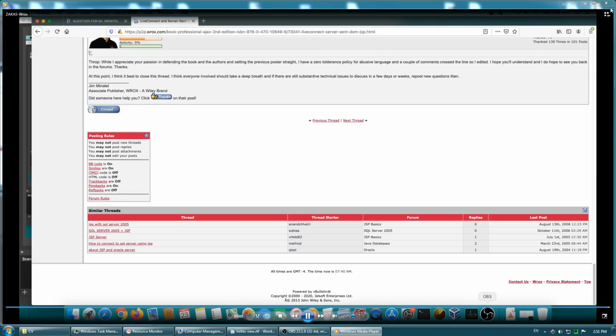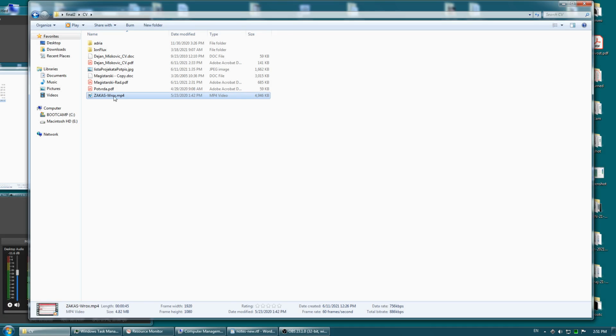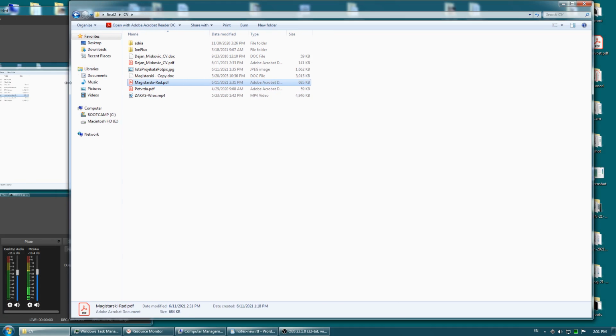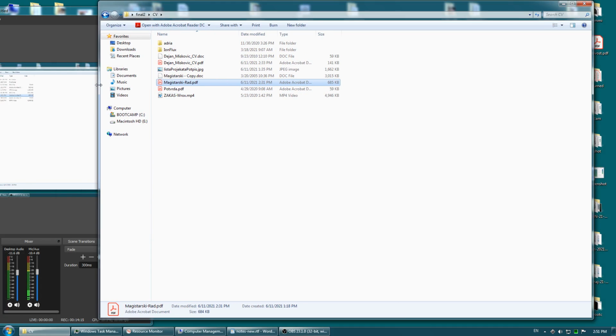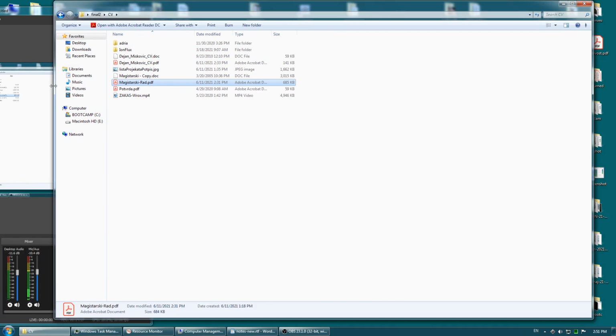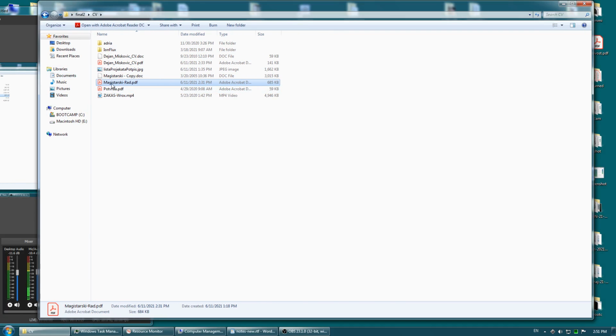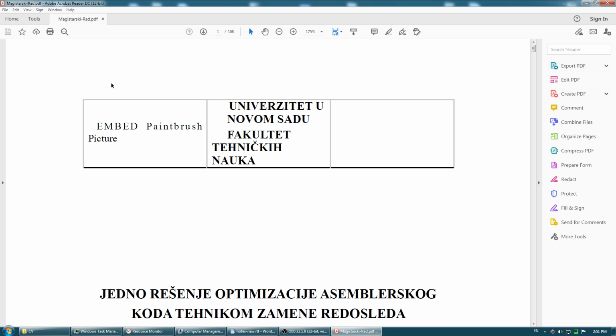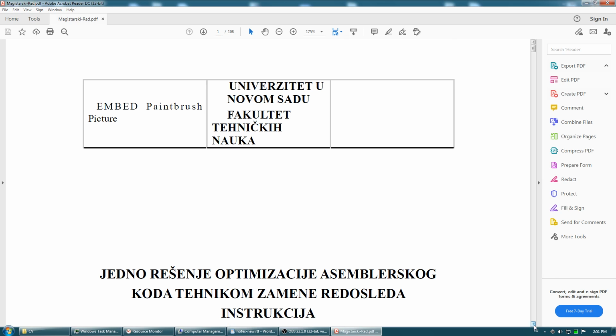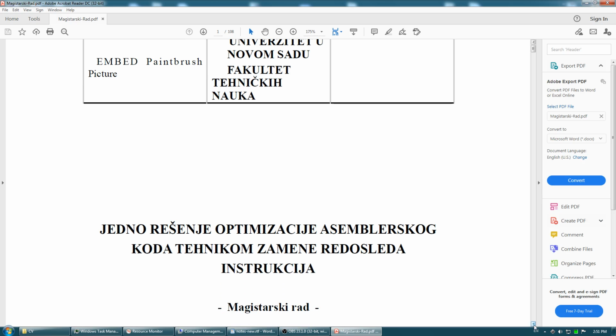Okay, so that's it, and the last one is my master thesis. It's also related to compilers. So this is an optimization technique I implemented, the last optimization after 23 optimizations.